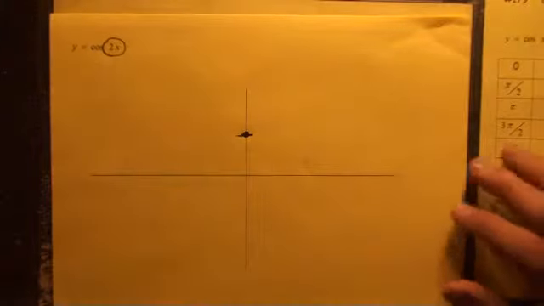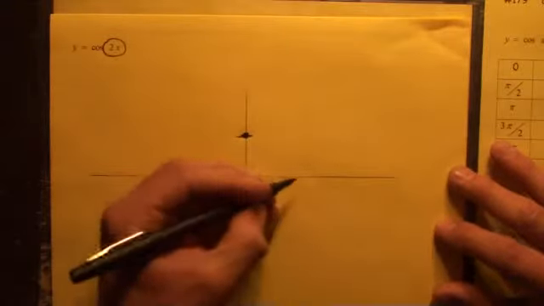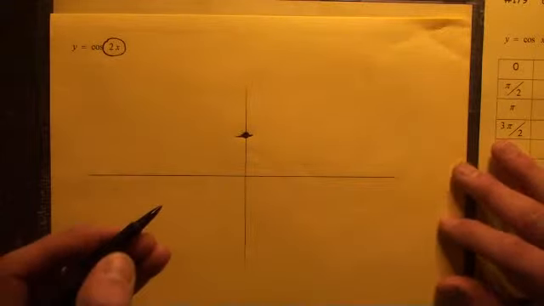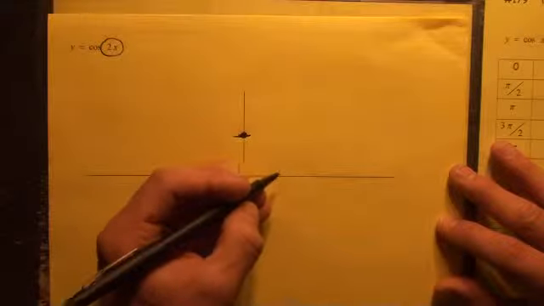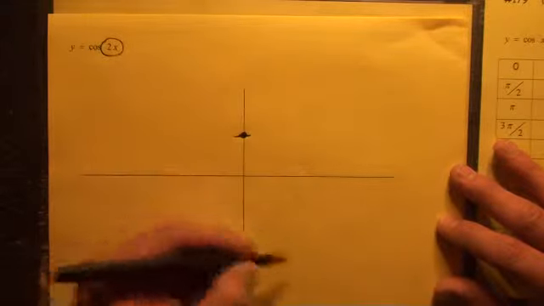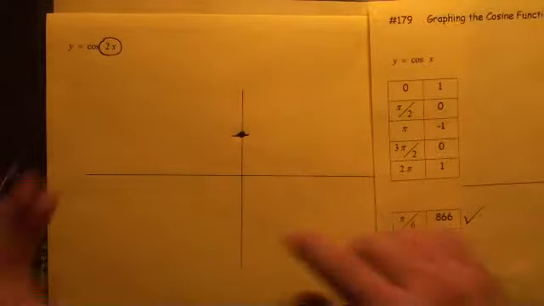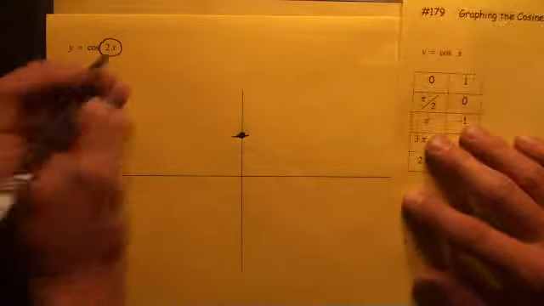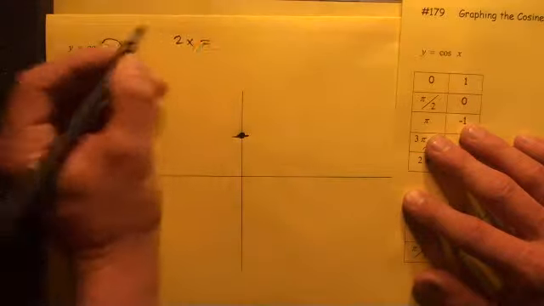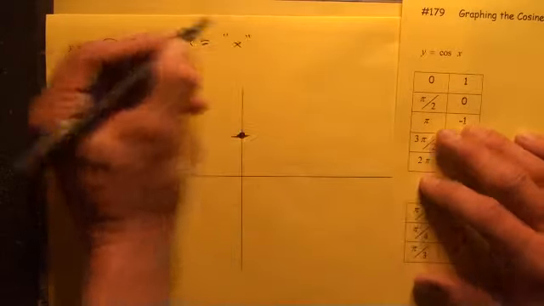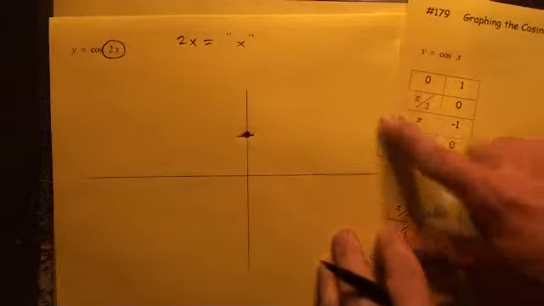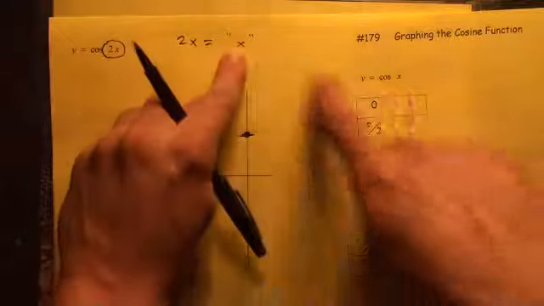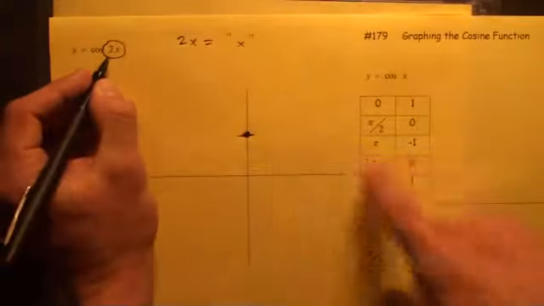The overall shape of cosine is still going to be kind of that swan or bird flying shape. And what's going to happen is the 2 is going to divide into all the x values. You see, the 2x is in the quote-unquote x position of our cosine. So all of our x's are going to get divided by 2.